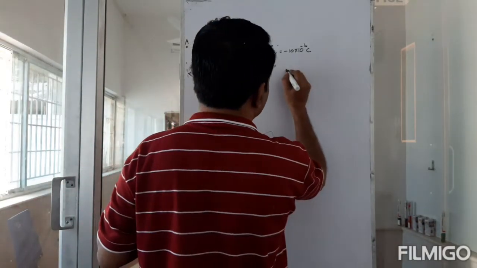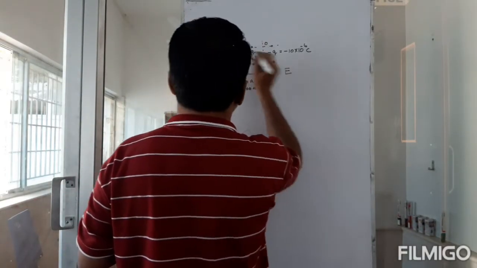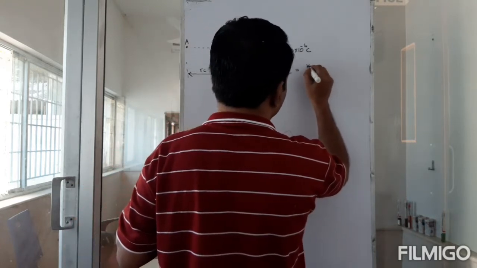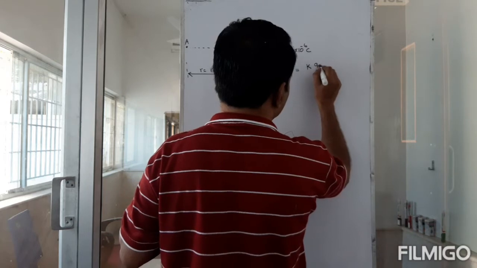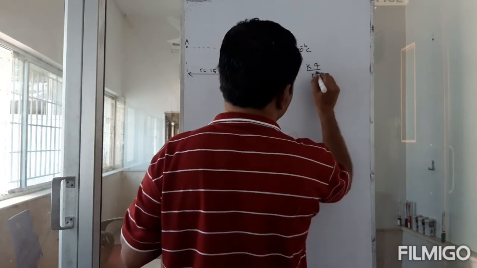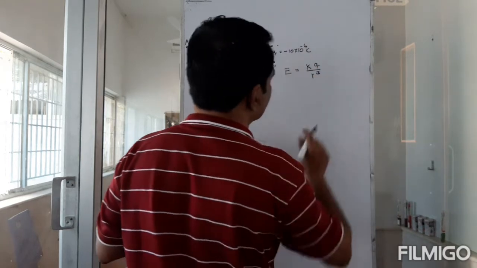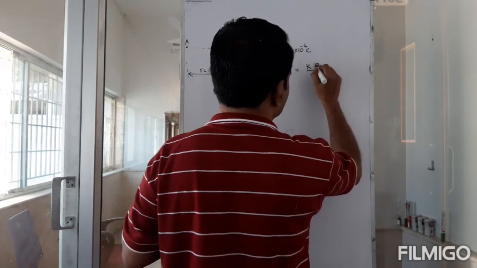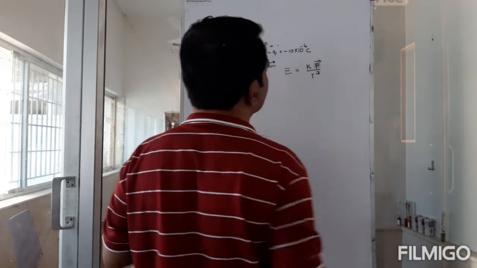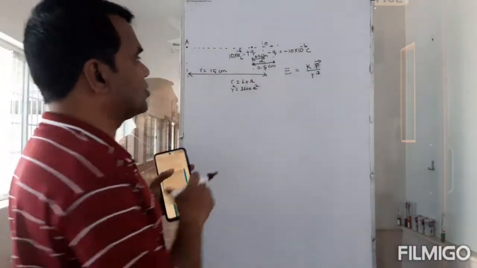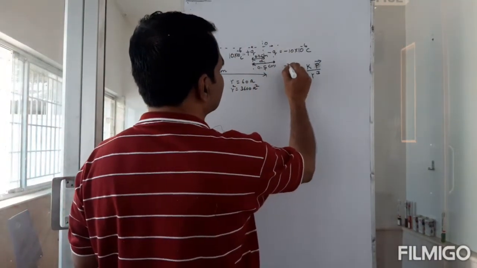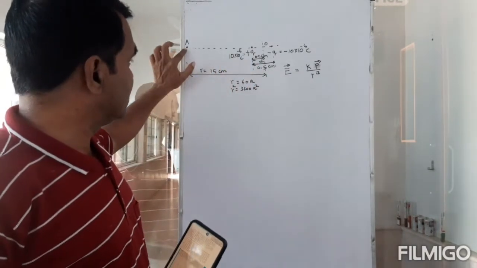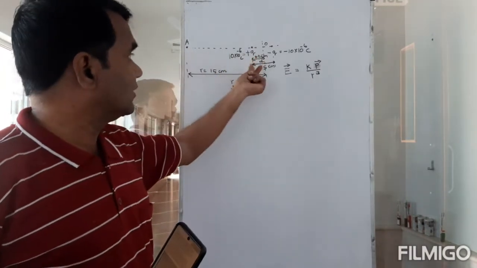So what did we find? E was equal to KQ by R cube, or KP by R cube. So that was your E. You can keep this as a dipole, because if you think about it, this distance is much greater than this distance.